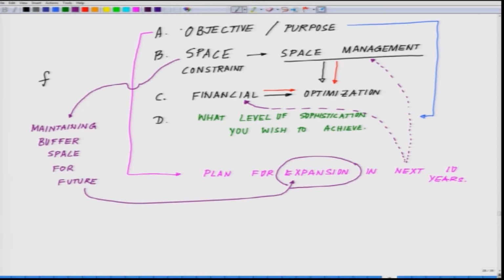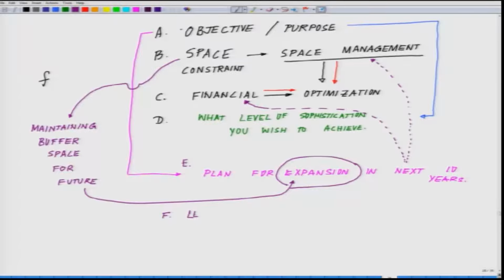Next thing, if I put this as E, the next important thing is: what is the level of biosafety we are talking about? And this of course comes in the objective in the beginning, the level of biological safety. What does that mean?